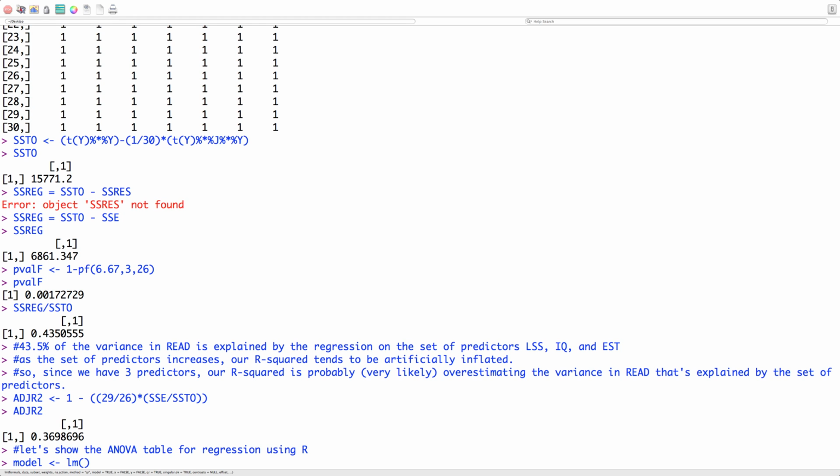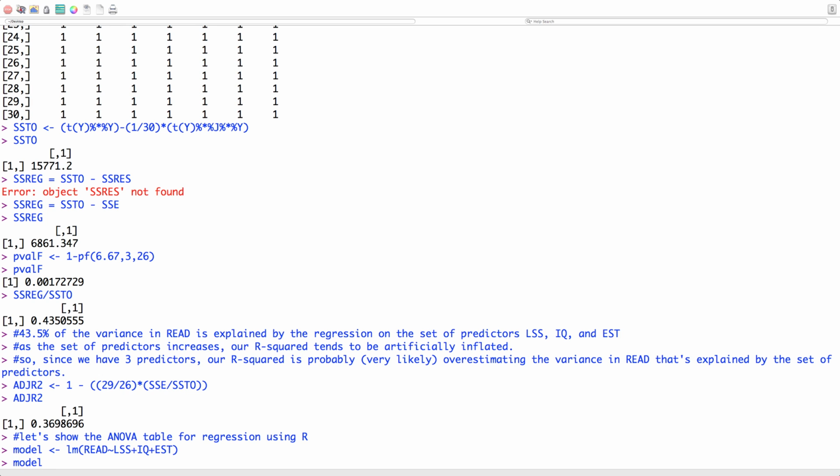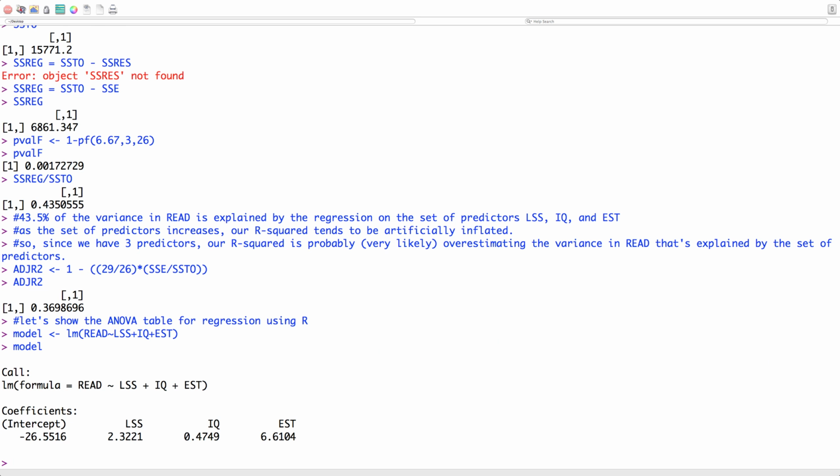Our linear model is going to be read tilde LSS plus IQ plus EST, right? If we just do model, it's going to give us the coefficients, and you can see that the coefficients line up with what we showed earlier for our beta.